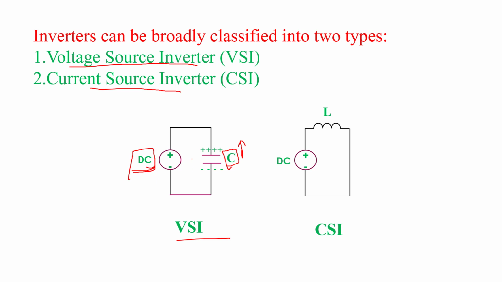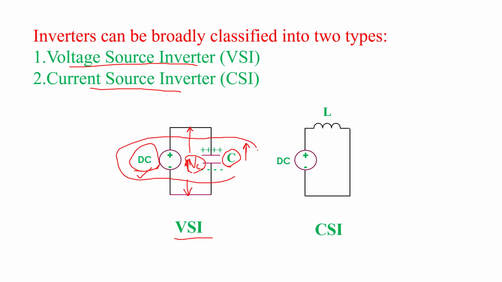The second property of the capacitor is that it cannot change the voltage instantaneously. It means the capacitor maintains a constant voltage across the device. So the DC voltage source and capacitor are both connected in parallel, so the voltage across both of them is constant. That will help to maintain constant voltage across the input side of the inverter.